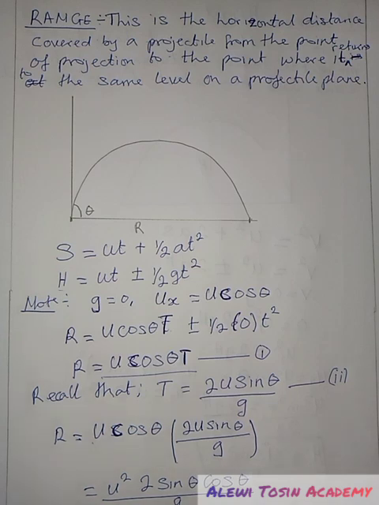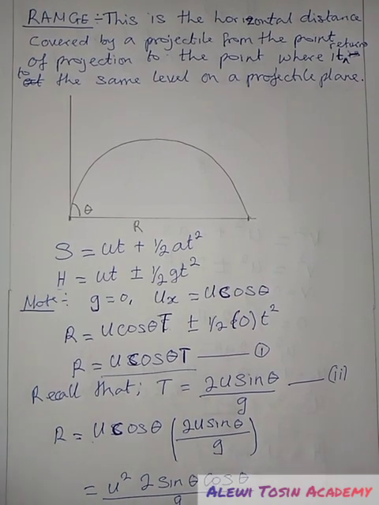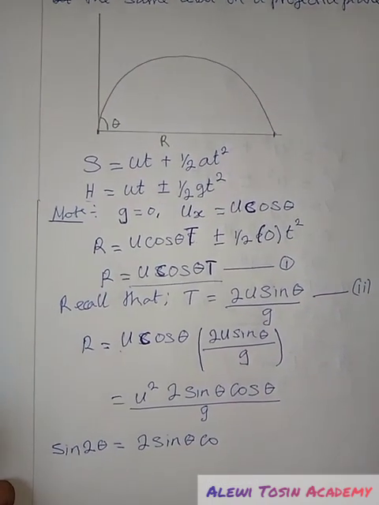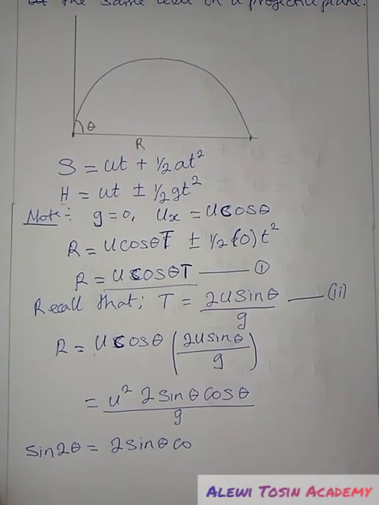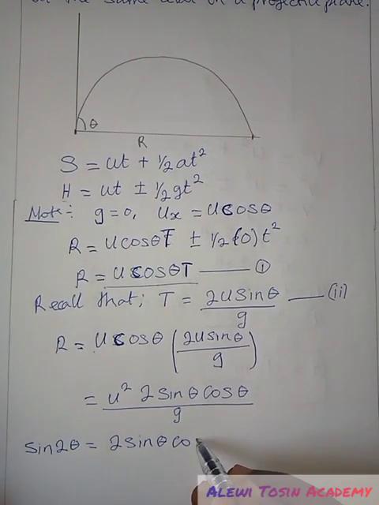There is a formula which says that sine 2 theta is equal to 2 sine theta cos theta.